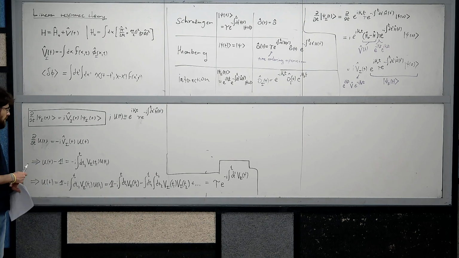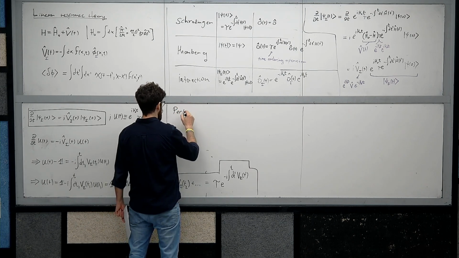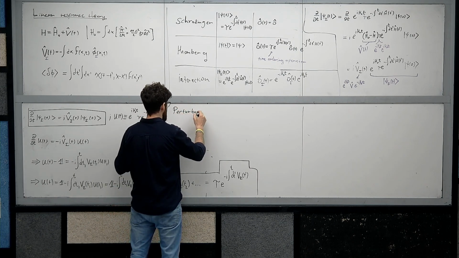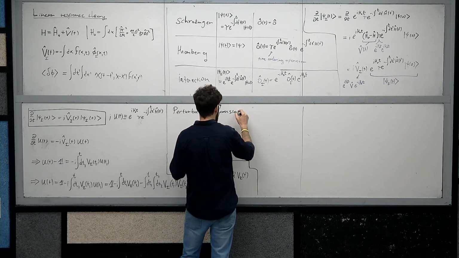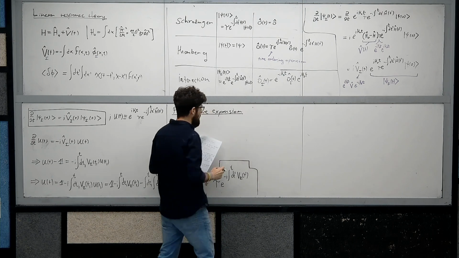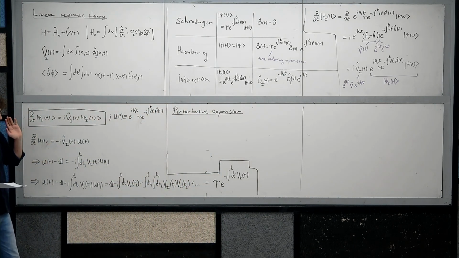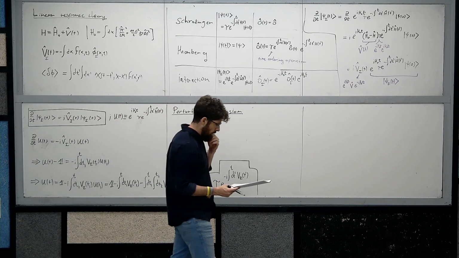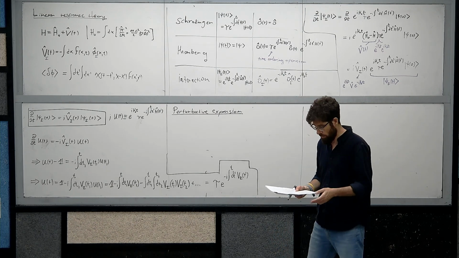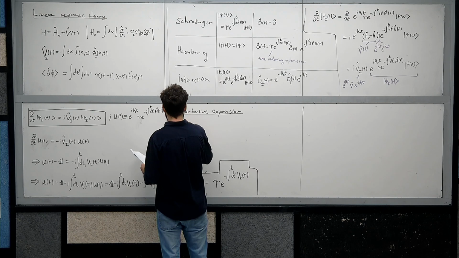Okay, good. So now that we have this, I want to do a perturbative expansion, and here is where the linear assumption is going to come in. So let's assume for a moment that the average of phi under its own Hamiltonian is 0. Then delta phi is just equal to phi of t.